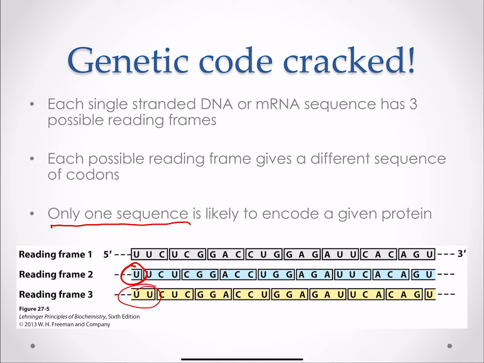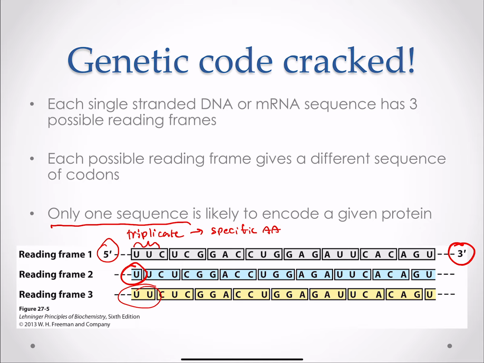And so it is known that the code is read in a sequential manner starting at the 5' end, and it goes to the 3' end of the messenger RNA. The codon is a triplet of nucleotides, and this is going to encode for a specific amino acid.